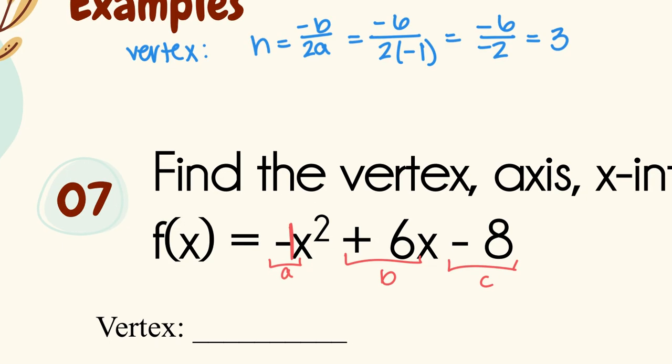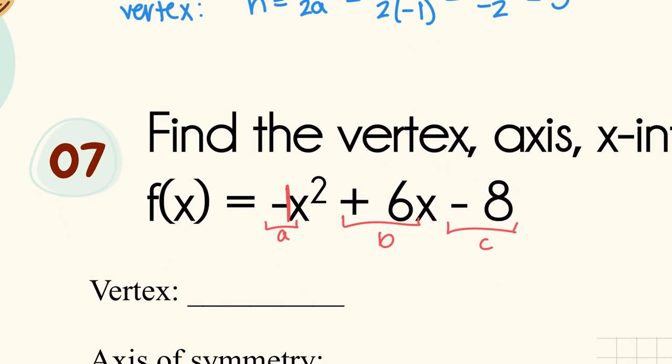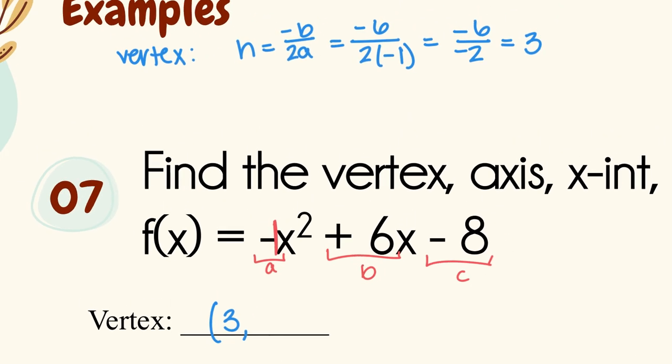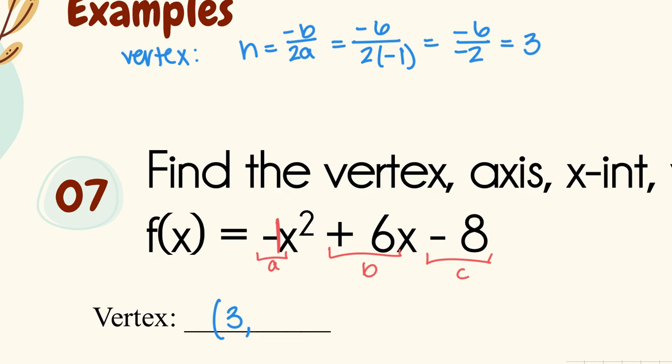So looking at it, I have my x value. So x value is right here. And then how am I finding my y value or my k value? I have to take that 3 and plug it into x. So in order for me to find my k, I'm going to go ahead and plug it in. Negative. Keep in mind the 2, or your squared, your exponent, is only going to the x.